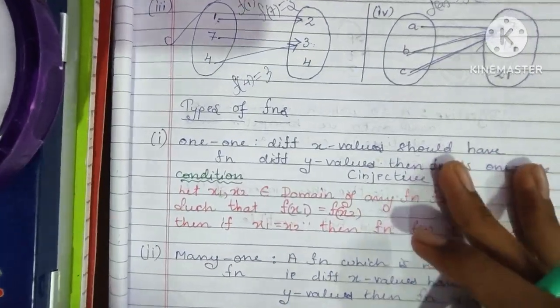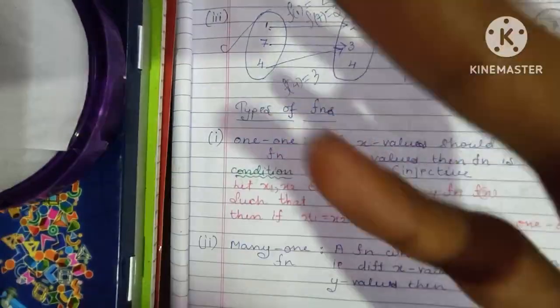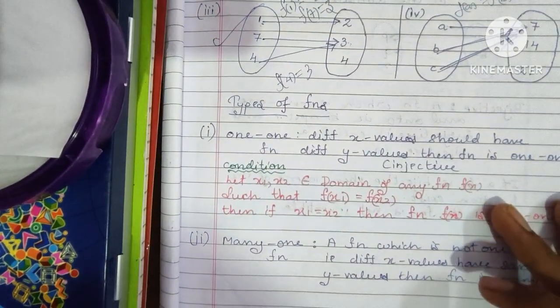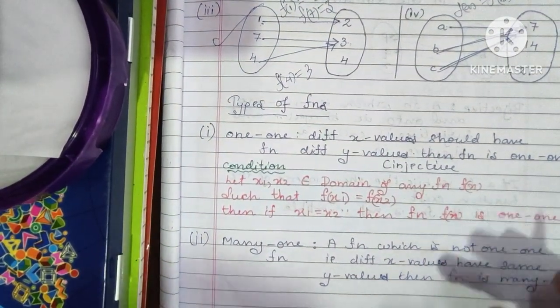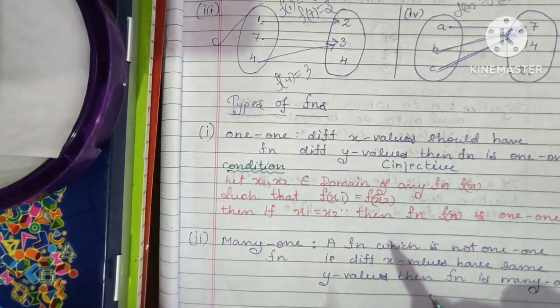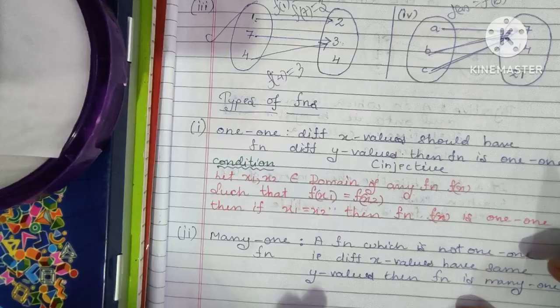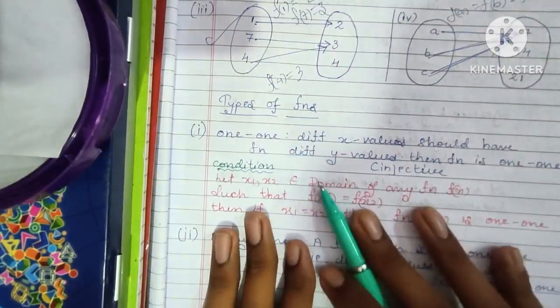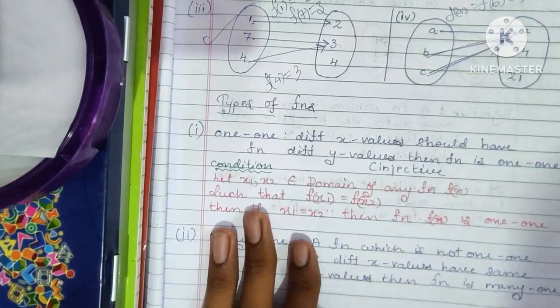Next, here you can see another topic: types of functions. Mainly we have to learn 4 types of functions in the class 12 syllabus. You can see the first one is one-one. Different x values should have different y values.